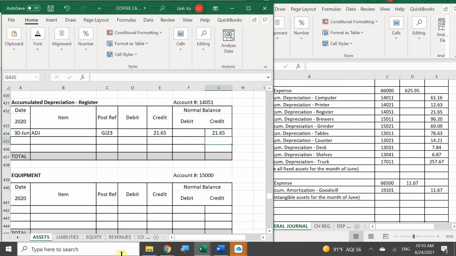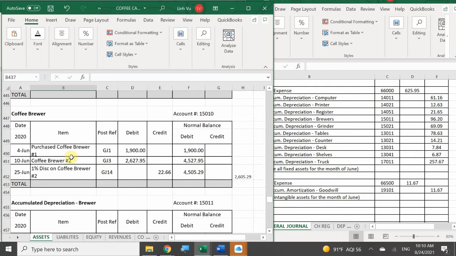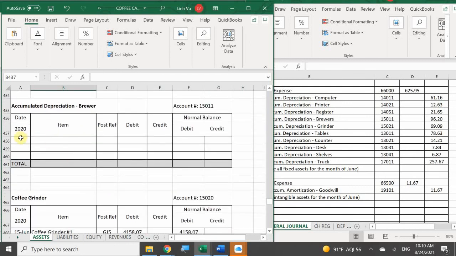So then next on the list we have here is going to be our coffee brewer and coffee grinder, which is perfect because it is continuing on down below. So here the accumulated depreciation for the brewer. Okay, this is where you can choose to distinguish that coffee brewer number 1 was X amount while the other one was the other amount.